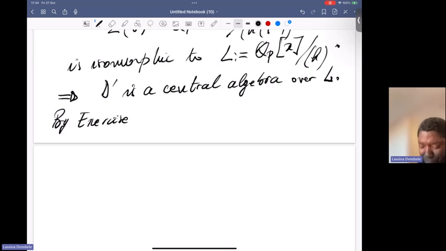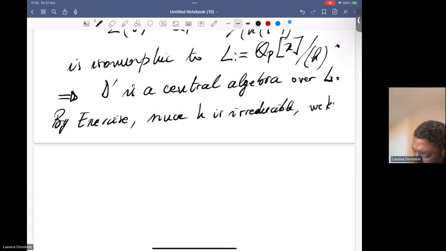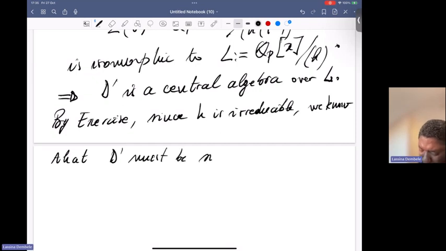we know that since this polynomial is irreducible, D prime must be simple, right?